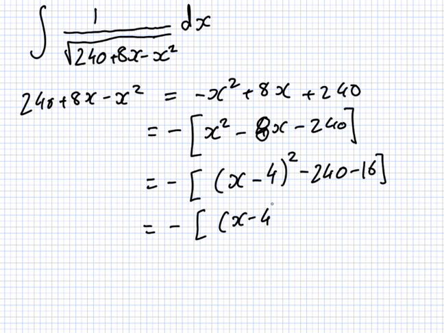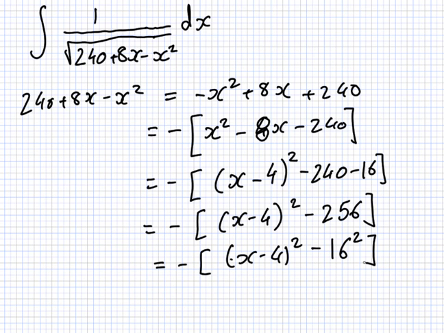Minus 256. So you get minus x minus 4 squared minus 256, which is 16 squared, isn't it? So we have our completed square here.